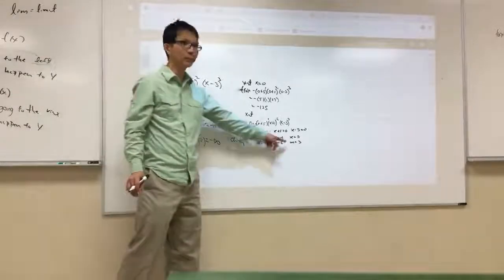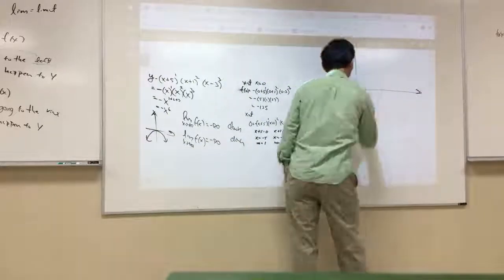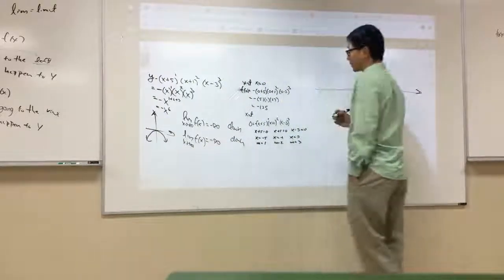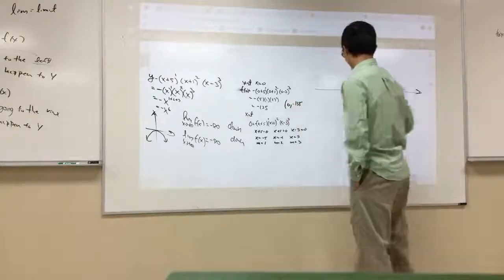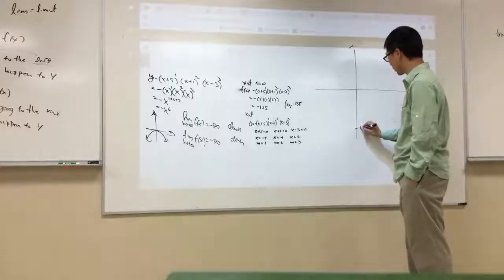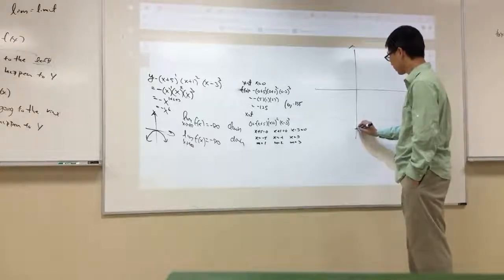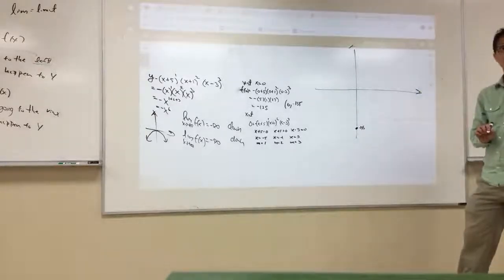Are we okay here? So now we're going to draw it. What are we going to draw? Well, we're going to draw the y-intercept. What is the y-intercept? Do I really care how far down below? I don't really care, so we'll say this is negative 135, and there are probably some points going through here. What x-intercepts do we have?